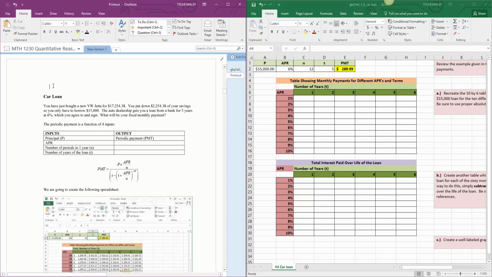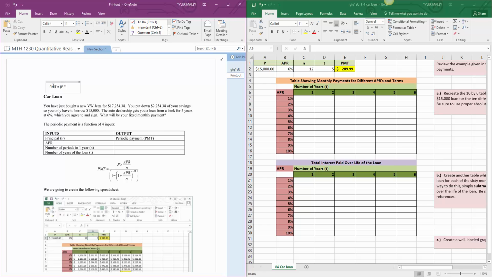So the way we would end up typing this is we would have the payment equals, right? And then you would have parenthesis P, and then remember in Excel we use the asterisk for times, right?